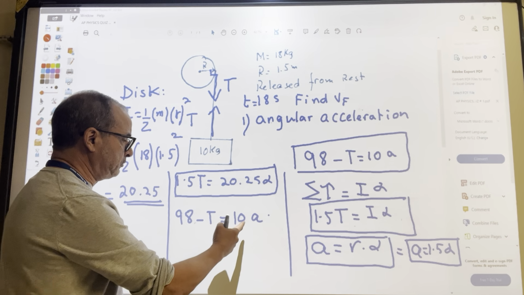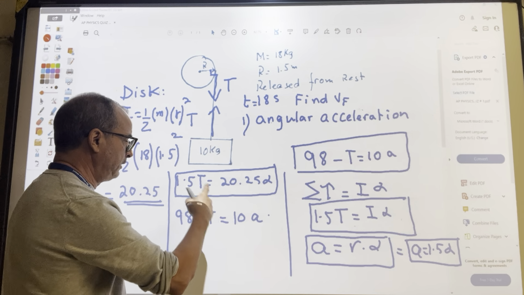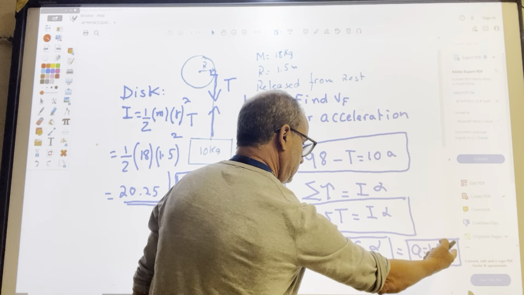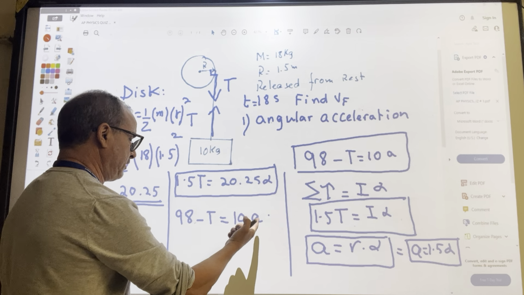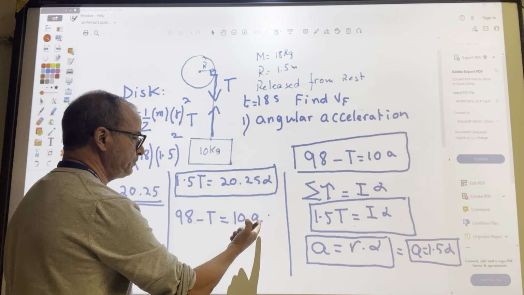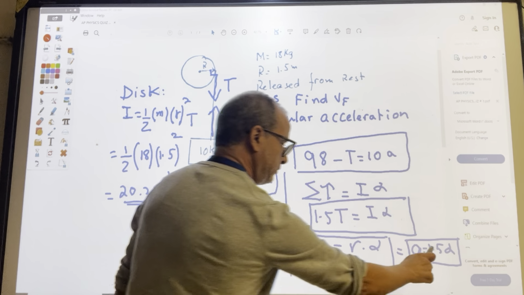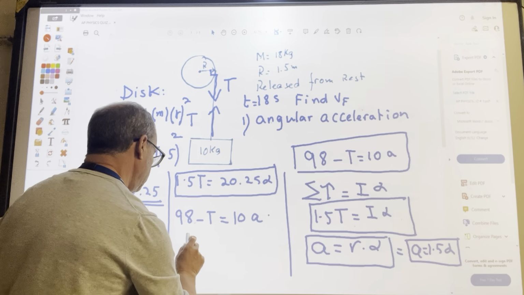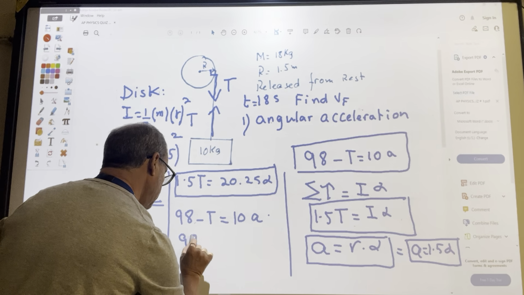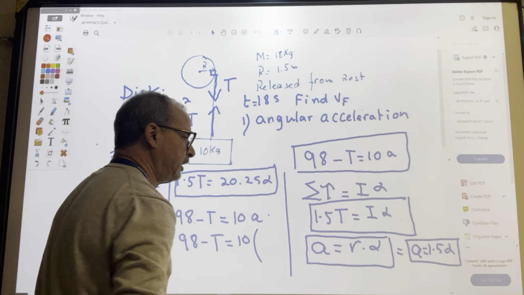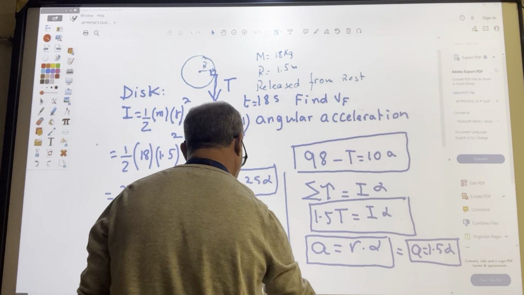Because I have T, A, and alpha, I can change A to alpha. So I'm gonna change A to 1.5 alpha. So 98 minus T equals 10 times 1.5 alpha.